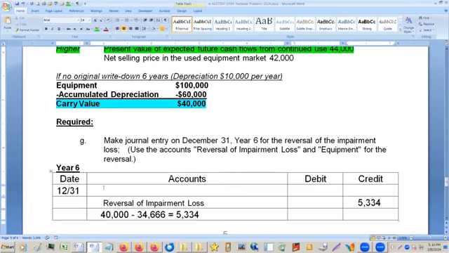And we will put that into equipment. So we will recover what's still left.